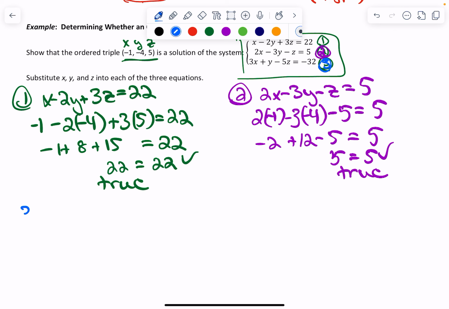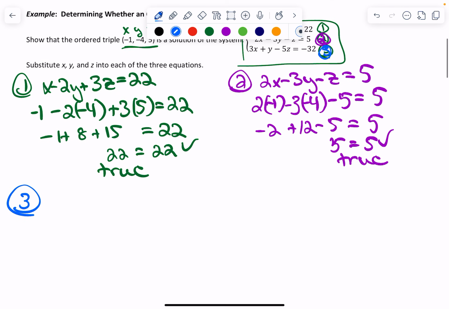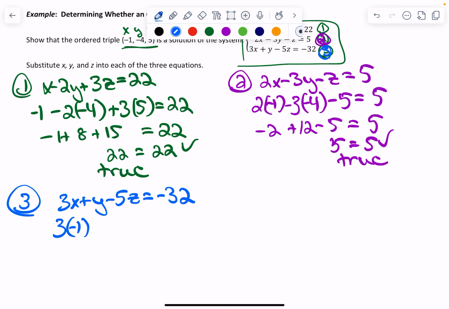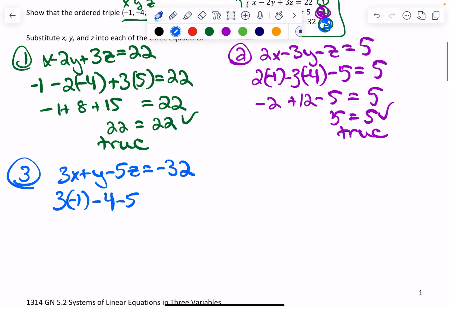Okay, let's check the third one. 3x plus y minus 5z equals negative 32. And x is negative 1, y is negative 4, and z is 5. So negative 3, minus 4, minus 25 equals negative 32.